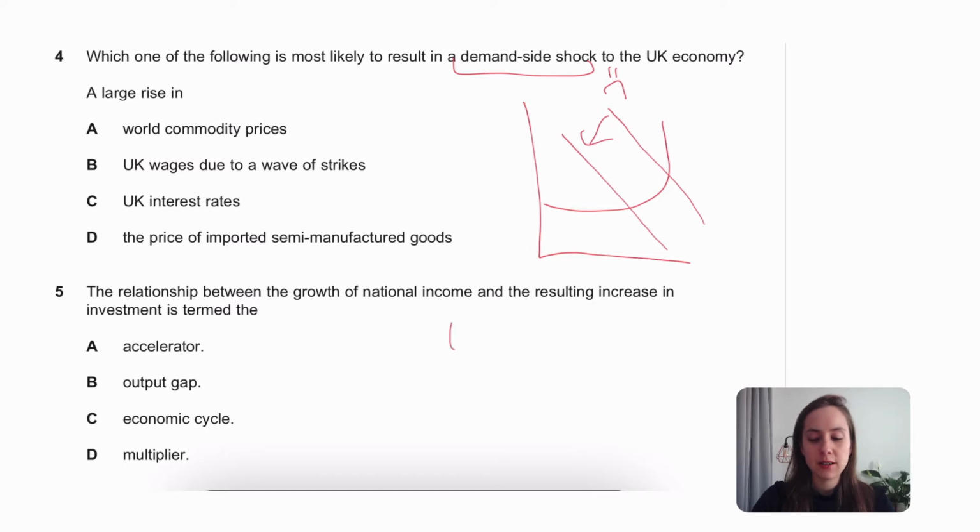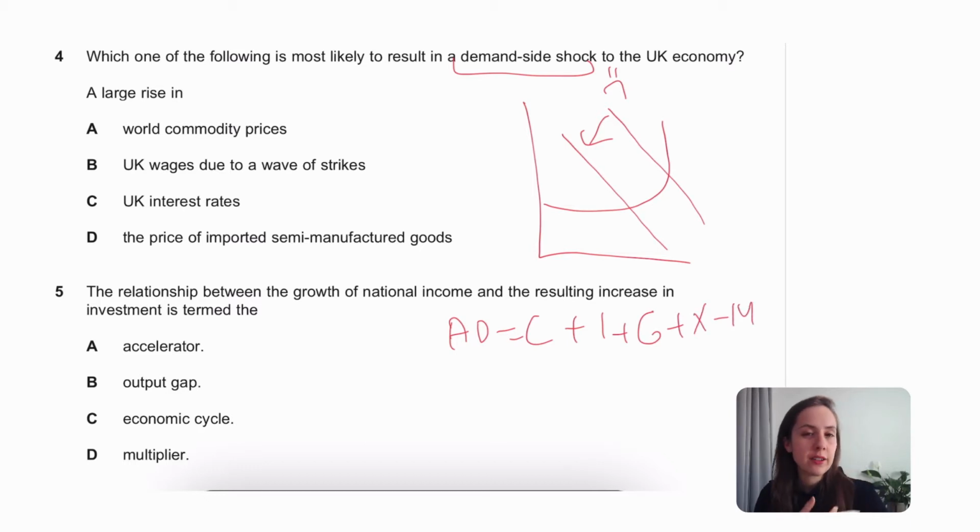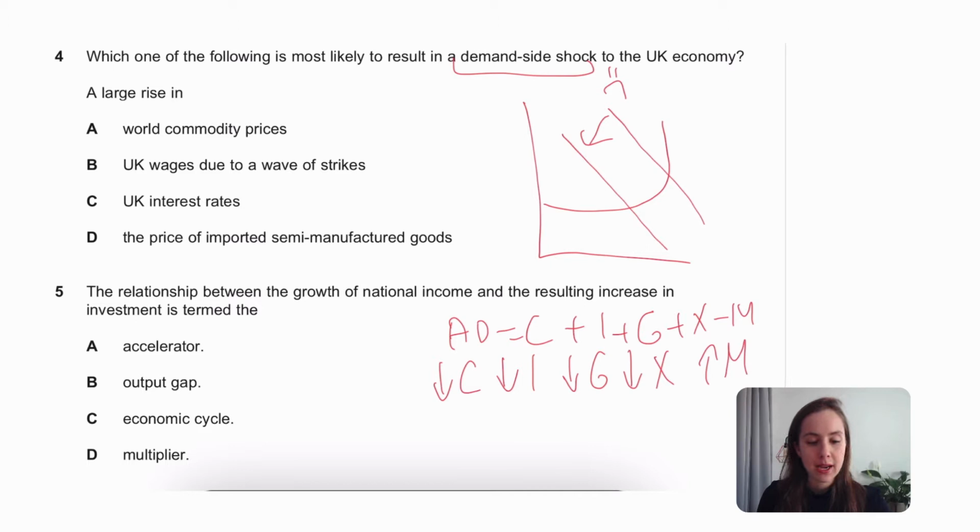The AD equation is C plus I plus G plus X minus M. So for that to shift left, we're looking for less C, less I, less G, less X, or possibly more M. Let's take a look one by one. A rise in world commodity prices: I think this really affects firms' average cost of production, and I'm guessing that's going to shift the short run AS. So I think that's a supply side shock.